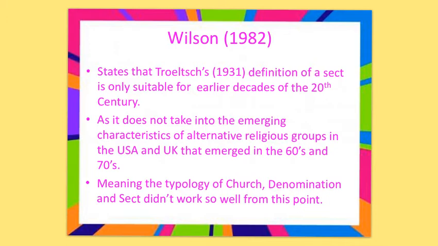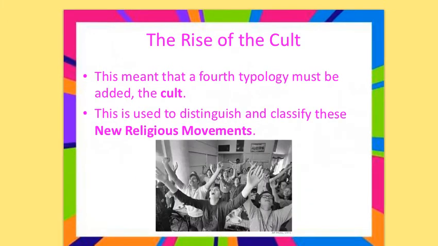Because as we know, there was a range of groups that came into society and started to take a dominant point of view and drew a lot of people into it. Meaning the typology of church, denomination, sect didn't work as well as it once did. So we need to possibly revise it and add another category. This is really where the rise of the cult started to happen. We created this fourth typology, the cult.